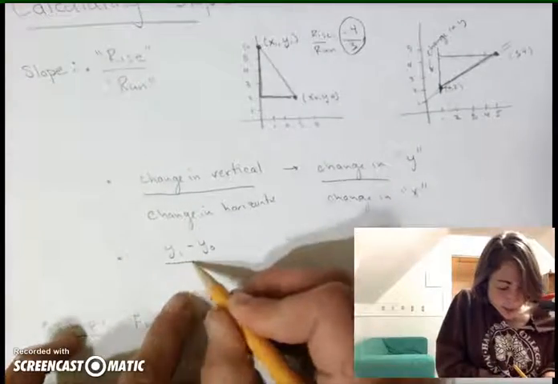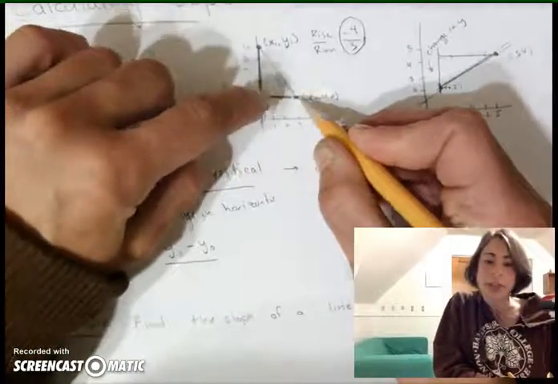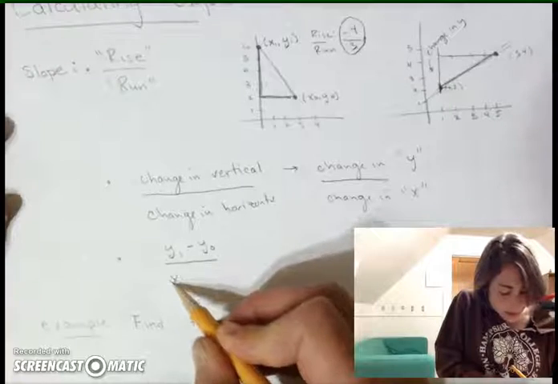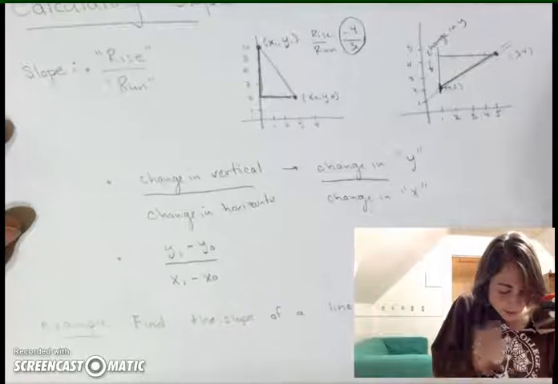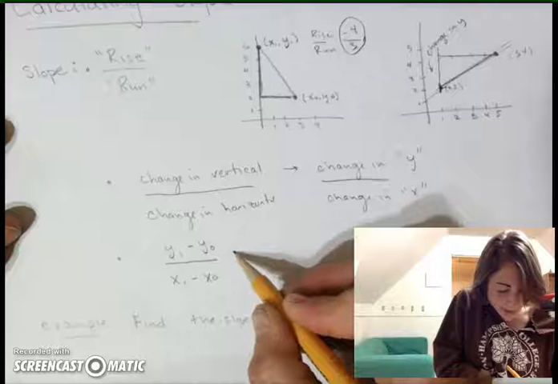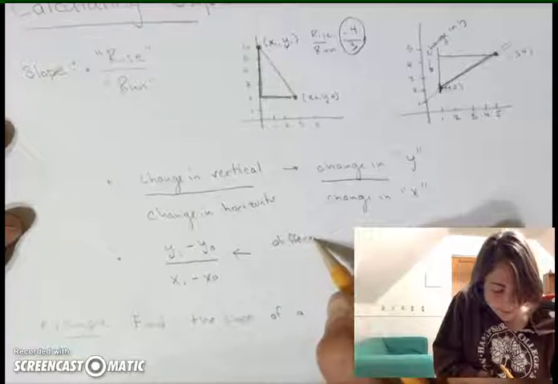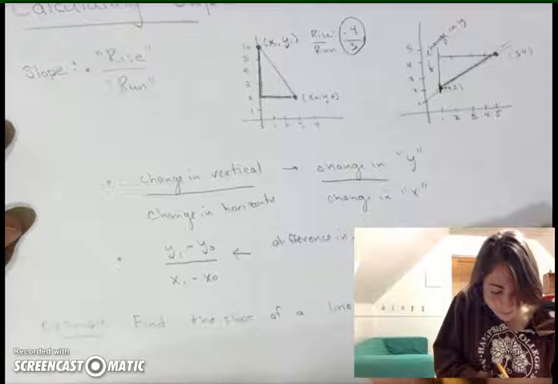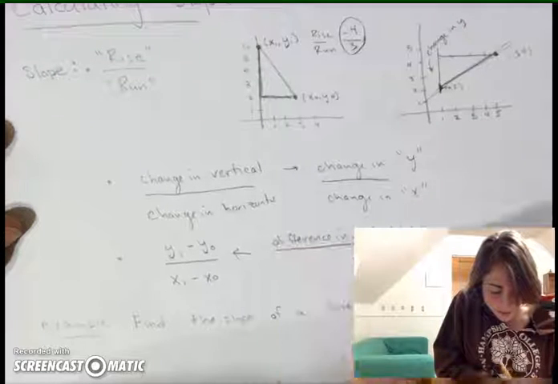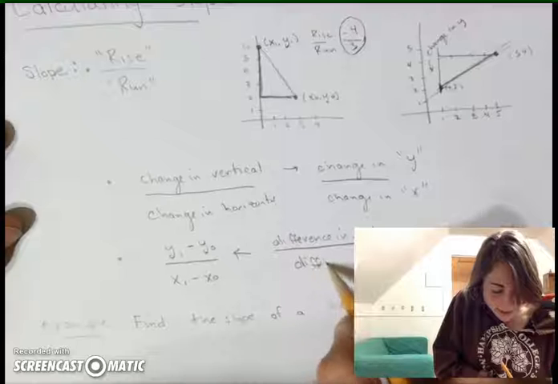The change in the horizontal is going to be the difference in the x values. So I do x1 minus x0. So again, another way to say this in words is the difference in y values, and divide by the difference in x values.